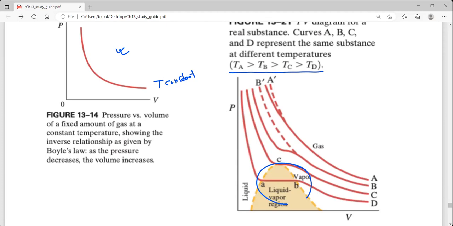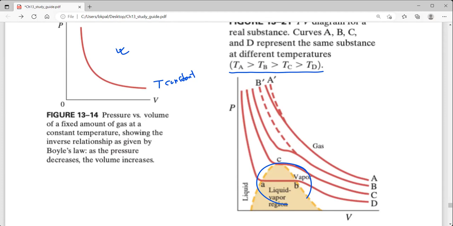Remember that I mentioned that when the temperature is not close to the boiling point and pressure is not too high, then we can use the ideal gas equation for real gas.